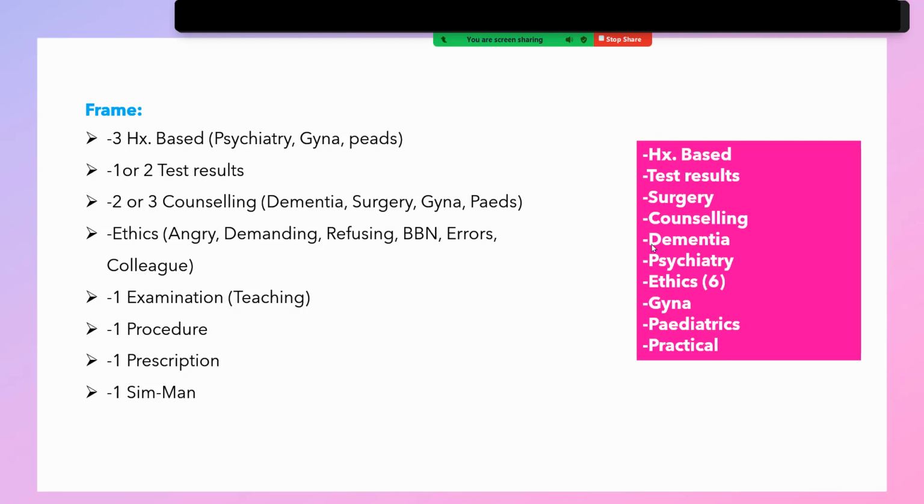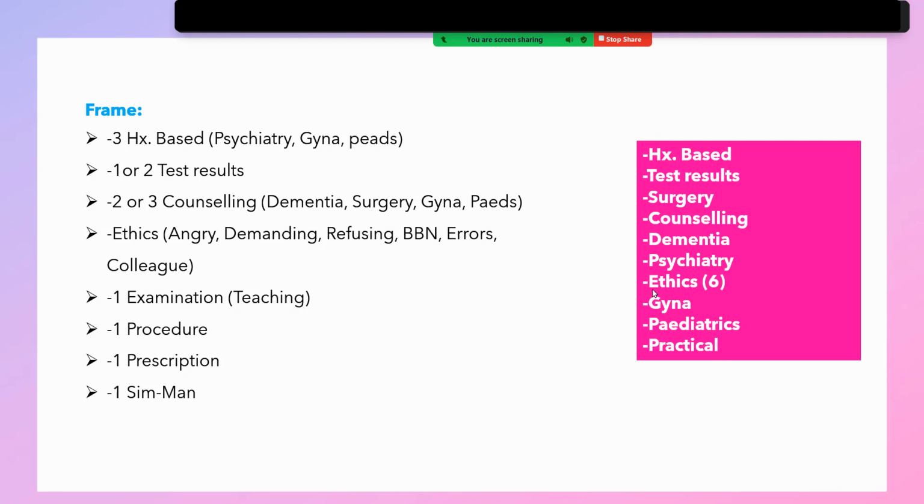We have also dementia approach, in which you are going to talk with dementia patient or dementia relatives. Okay? Psychiatry approach, in which you are going to deal with psychiatric patients, maybe depression, psychosis, alcohol and drug misuse.